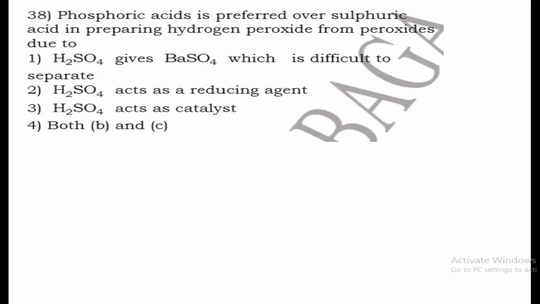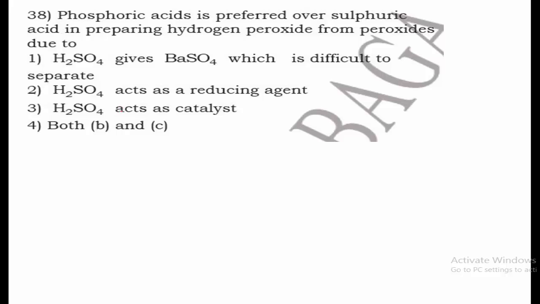38th, phosphoric acid is preferred over sulfuric acid in preparing hydrogen peroxide from peroxides due to, because H2SO4 acts as a catalyst for decomposition of H2O2, hydrogen peroxide.